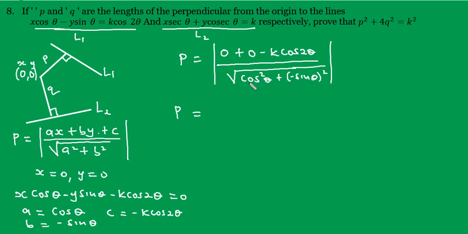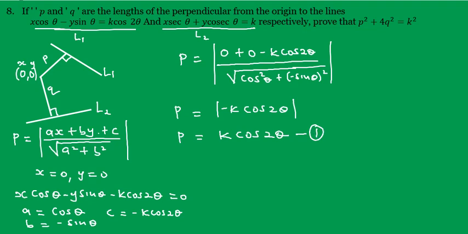Those with prior knowledge of trigonometry know that cos squared plus sin squared is 1, and the square root of 1 is 1. Then we shall be left with the magnitude of negative k cos 2 theta, and p will be equal to k cos 2 theta. Let us call this equation 1.